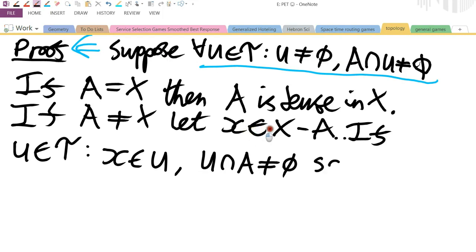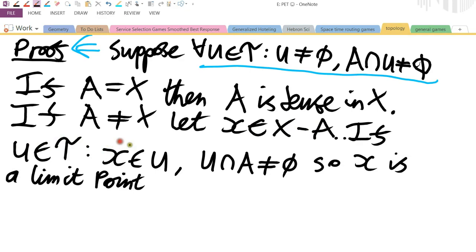And so what we actually have is that x is a limit point of A. Why is that? Well, because we have this open set which contains x and contains points of A. So x is a limit point of A.